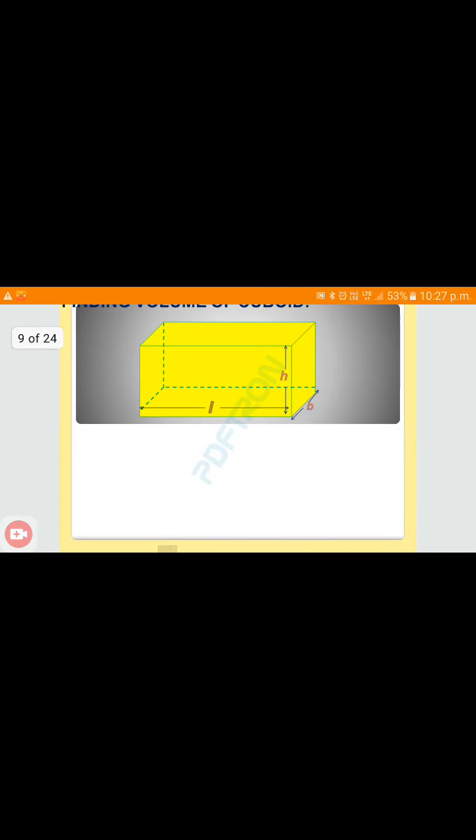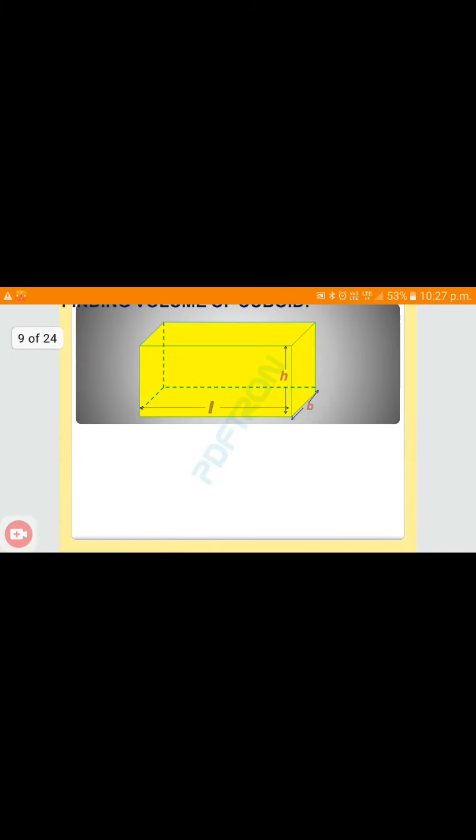So the total surface area will be equal to 2 into (LB plus BH plus HL). In the same way, when we take the lateral surface area, or the area of four walls only, then the area will be 2H into (L plus B).